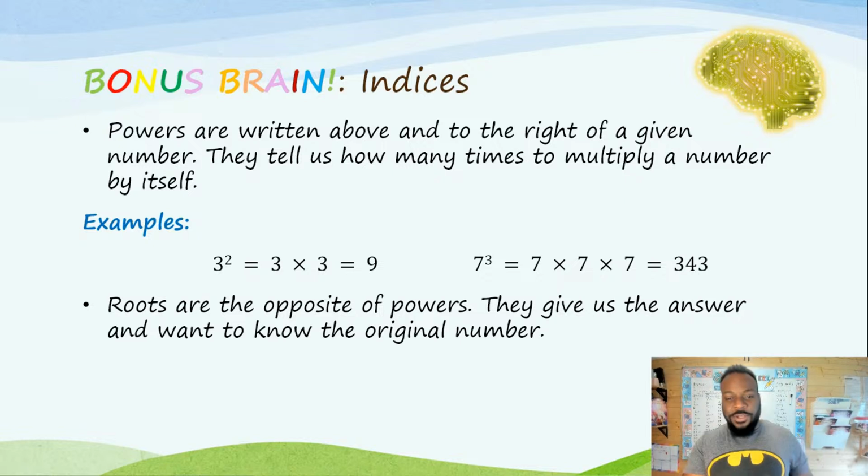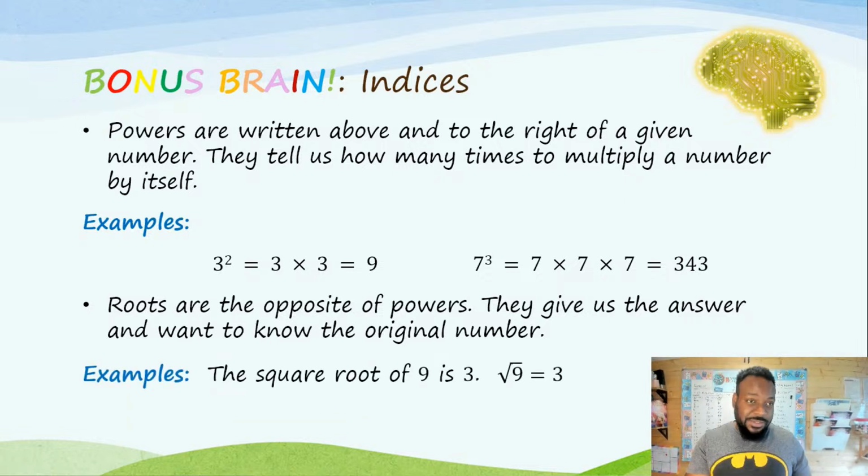Now, roots are the opposite of powers. They give us the answer of what a square number would be, okay? Or a number that's to a certain power. So if it's to the power of 3, you could have a cubic root, you could have a fourth root, and the numbers just carry on. Numbers are forever. In any kind of idea that we deal with numbers, they literally are infinite. They go on forever. So the square root of 9 is 3, because if you square root 9, it gives you 3.